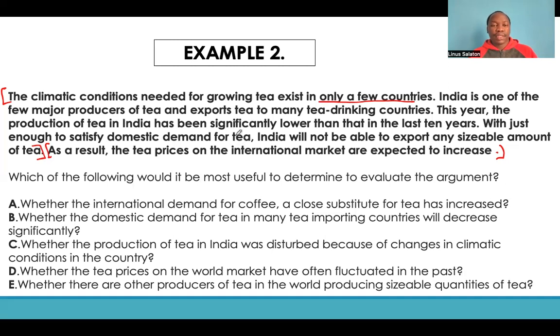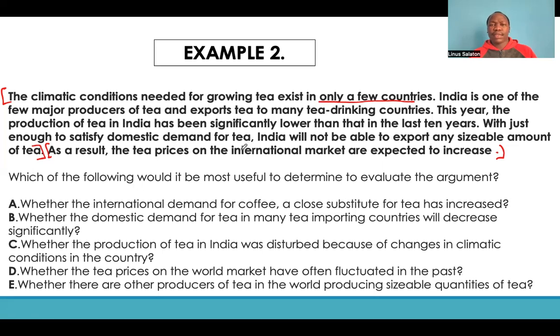In this case, the supply of tea this particular year is lower than in the previous years. So India, one of the few large tea producers and exporters, decided not to supply as much tea to the international market. So for that reason, we are being told that tea prices in the international market are expected to increase because obviously there's low supply.